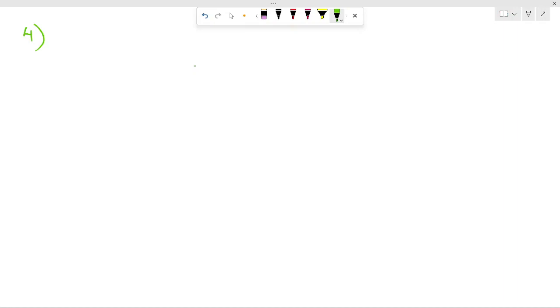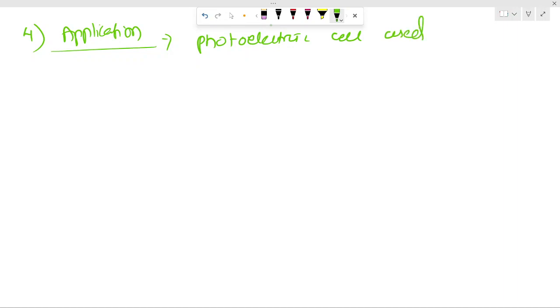So what are the applications of your photoelectric effect? From the application point of view, there is the photoelectric cell used in camera.